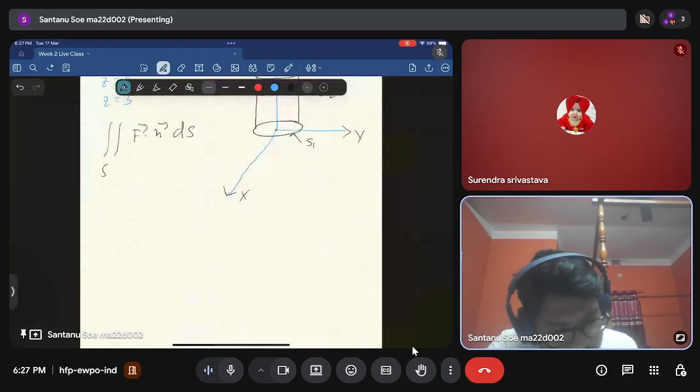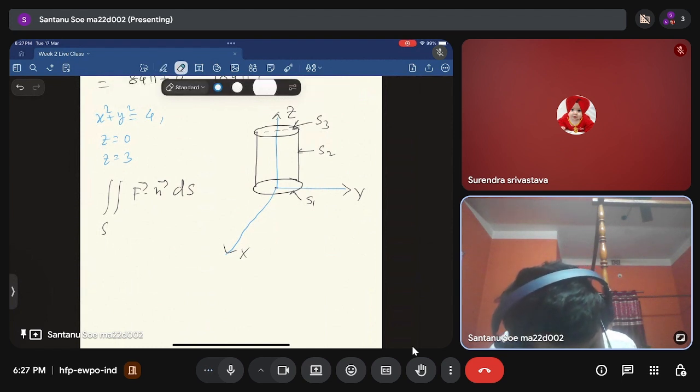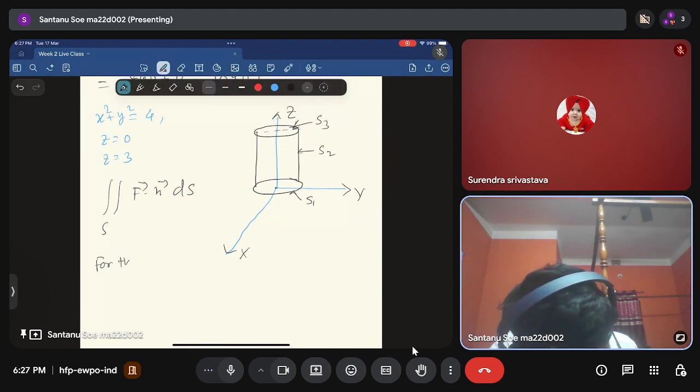Okay, so now first, for this curved surface S2, we have to calculate this n, correct?